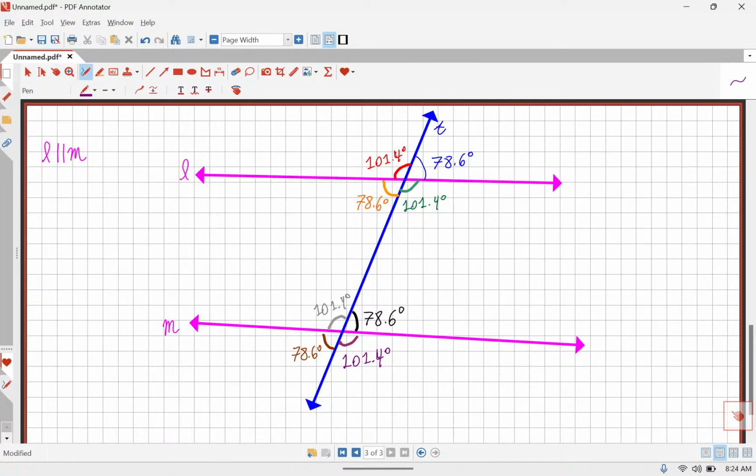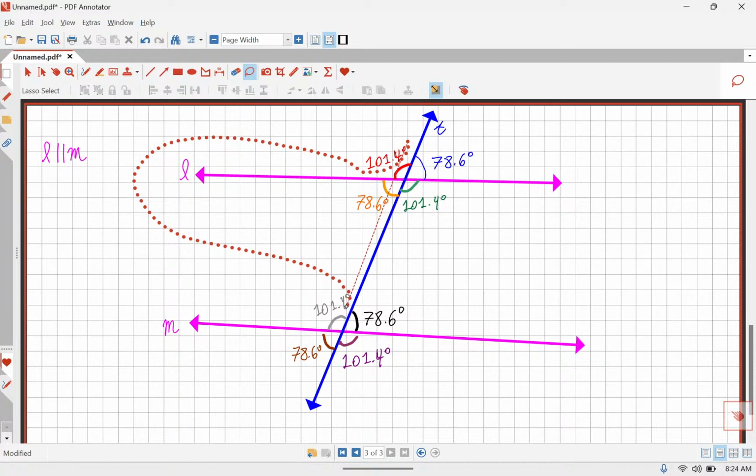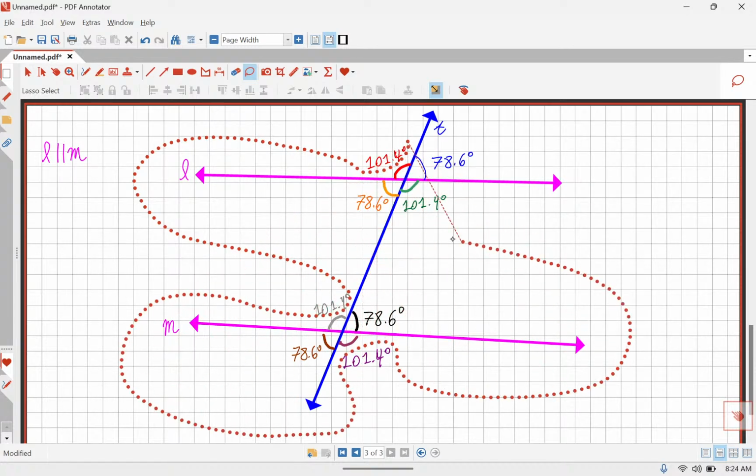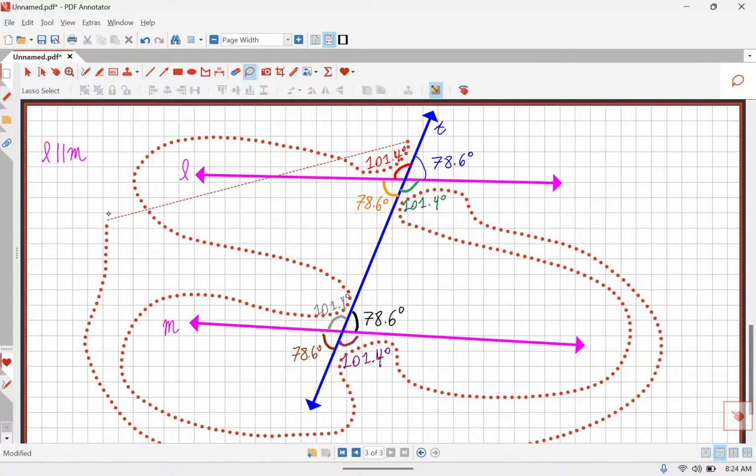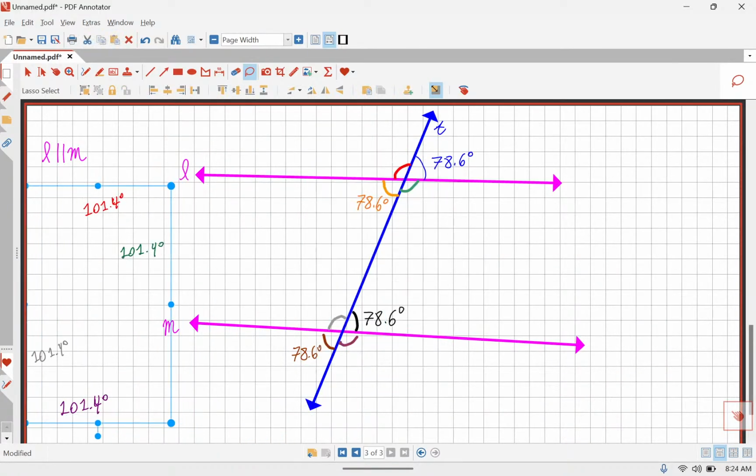I want to point out something really cool that Reese did with this as well. I never saw Reese's paper, but it sounded like maybe she did this. Hang on, let's get some fancy lasso work. Whoop.